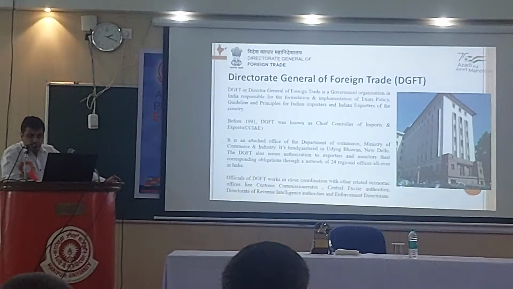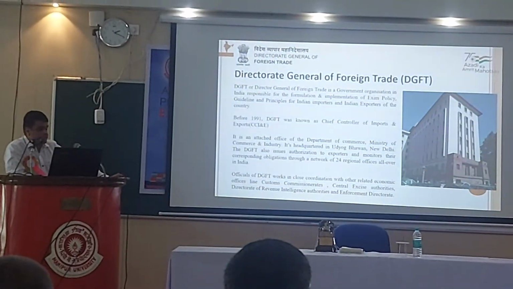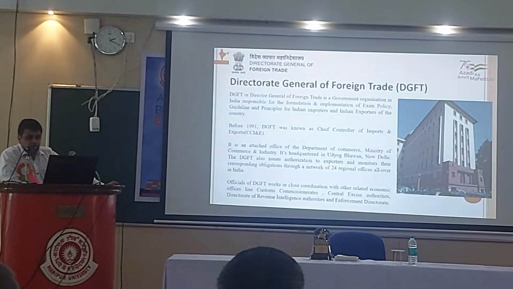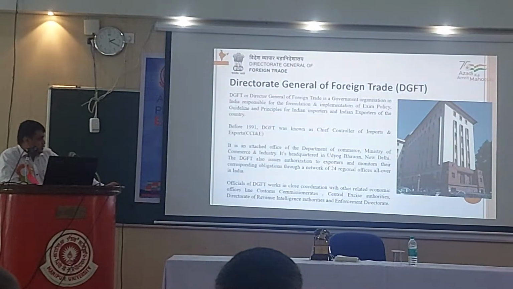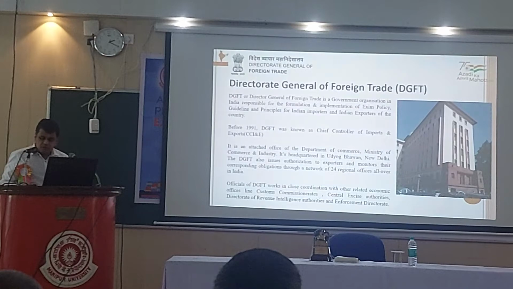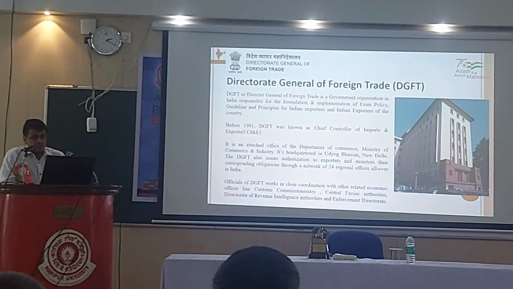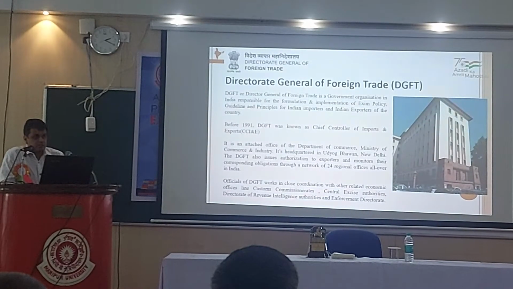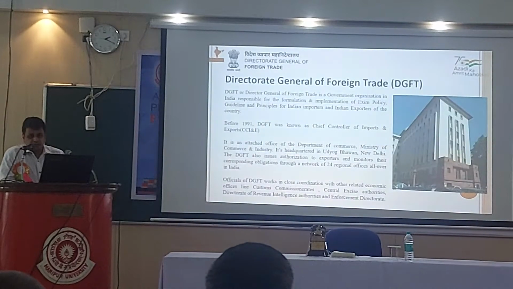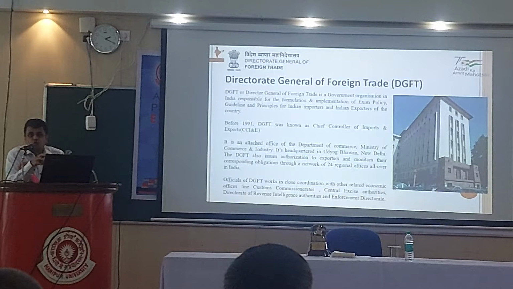So officials of DGFT work in close coordination with other agencies like Customs, Central Excise Authority, GST, DRI and other bodies. First of all, the Ministry of Commerce and Industry is the parent ministry related to promotion of exports from India, and DGFT being the nodal body is the go-to point.